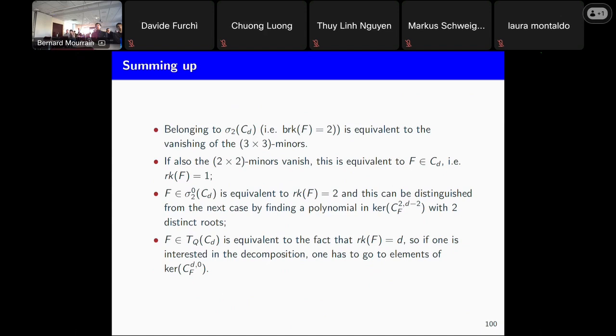If it's a point on an honest secant line, we saw that it has rank 2, and I can discover this by looking at the kernel of the second catalecticant. And if in the kernel I find 2 distinct points, then I can conclude that this is actually rank 2. If not, I have only one possibility. It belongs to the tangent line. And if it belongs to the tangent line, then I just proved that its rank has to be d.